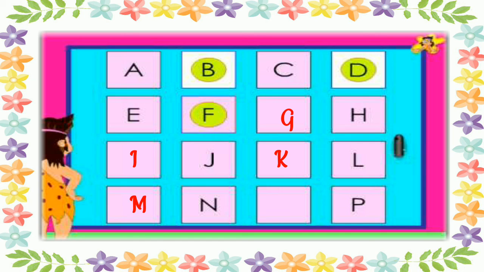Yes, it's an M. Then N. And yes, it's an O. And P. So A, B, C, D, E, F, G, H, I, J, K, L, M, N, O, and P. So children, you all understand? Very good. So we are going to learn the next slide.